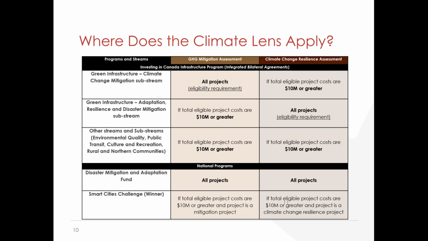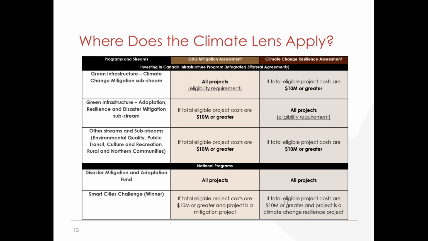All projects in the climate-focused substreams, so green infrastructure, climate change mitigation, or green infrastructure, adaptation, resilience, and disaster mitigation, need to do the relevant assessments. So a GHG mitigation assessment in the context of a GHG mitigating project, and the climate change resilience assessment in the case of an adaptation project.